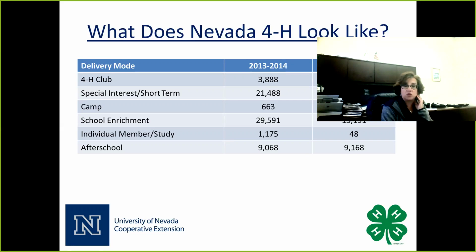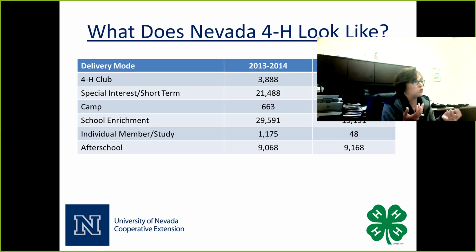School enrichment, this is if you go into a school and do a program where you're just going in and teaching it, or if you have a teacher that uses our curriculum in their classroom, you need to get those numbers from those teachers, because they're essentially serving as a pseudo volunteer for us.